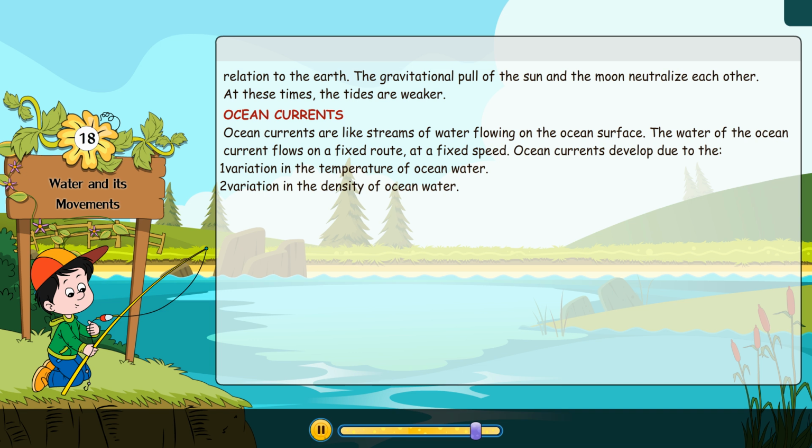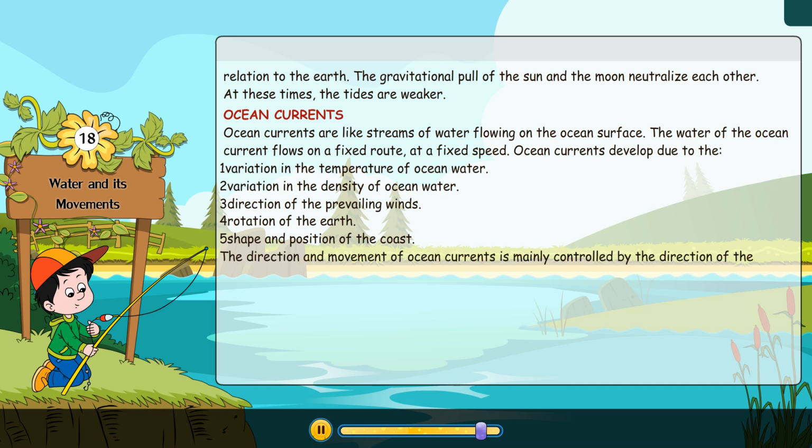Variation in the density of ocean water. 3. Direction of the prevailing wind. 4. Rotation of the earth. 5. Shape and position of the coast. The direction and movement of ocean current is mainly controlled by the direction of the prevailing wind.